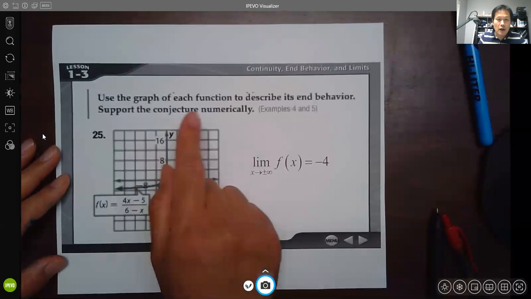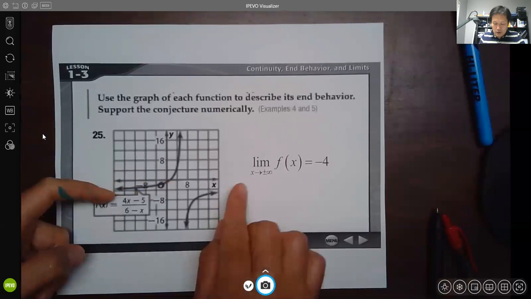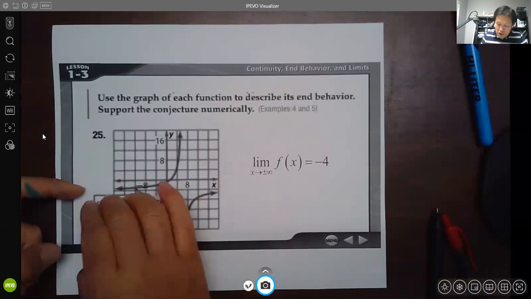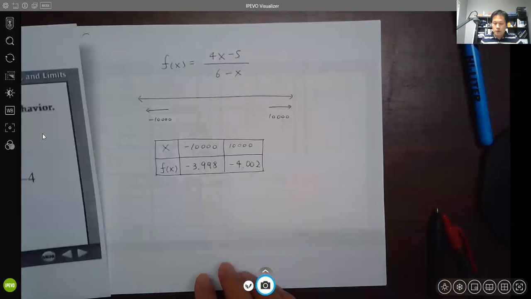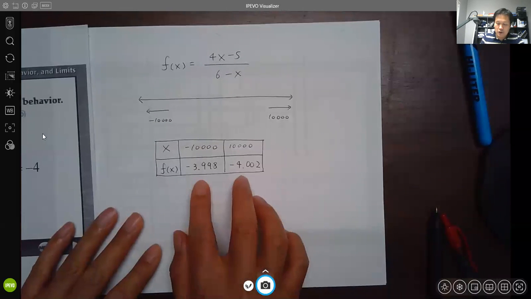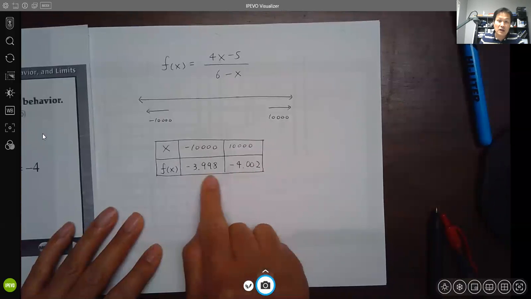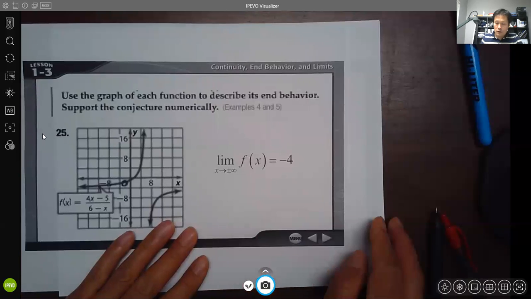Okay, so use the graph, describe the end behavior. Same thing. Keep going to the left, keep going to the right. It's approaching whatever this value is. If you did some experiment with a calculator, for a very small number and a very high number, it's approaching -4.